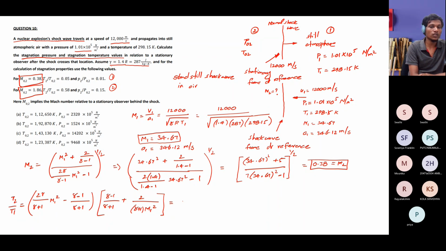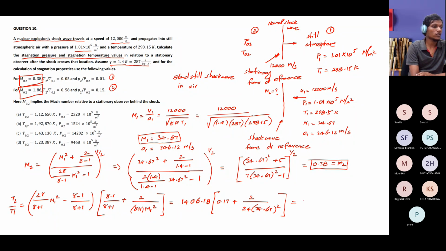When we substitute and simplify this, we get 1046.18 times 0.17 plus 2 over 2.4 times 34.67 squared.